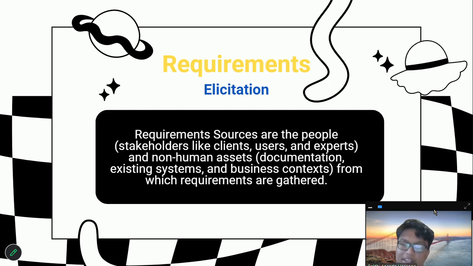So it's not only gathered from humans such as client, user, or expert. We also look at the documentation and also existing systems, the similar system that we want to achieve or want to build.